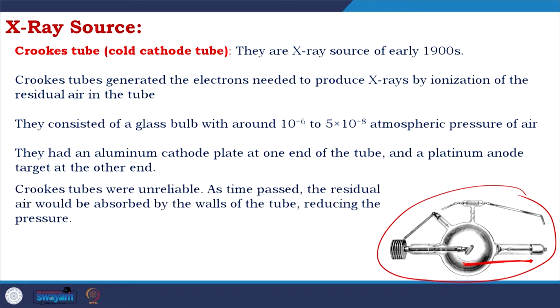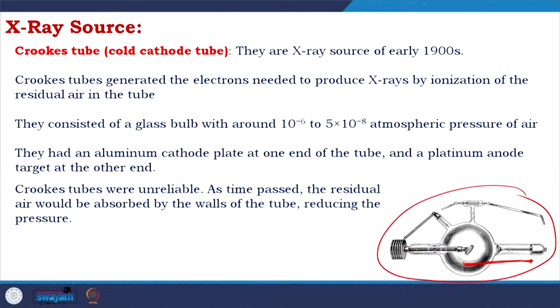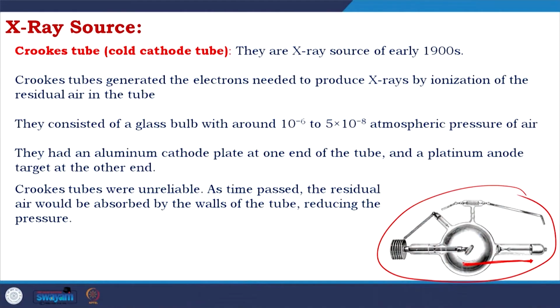Crookes tubes were unreliable. They used to be used at initial stages, but then they did not continue with them because they were not reliable. With time passed of their usage, the residual air would be absorbed by the walls of the tube, reducing the pressure. So, when the machine would be used multiple times, becoming older, the residual air would be absorbed by the walls of the tube.